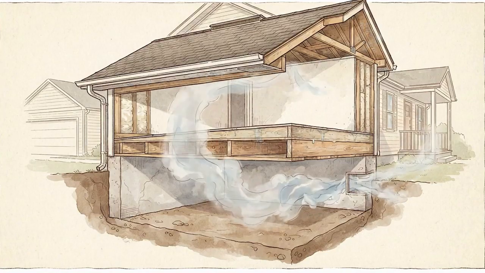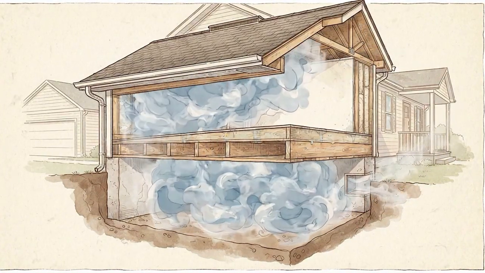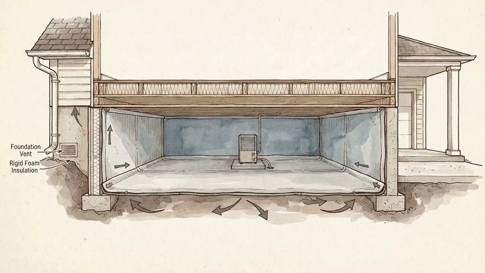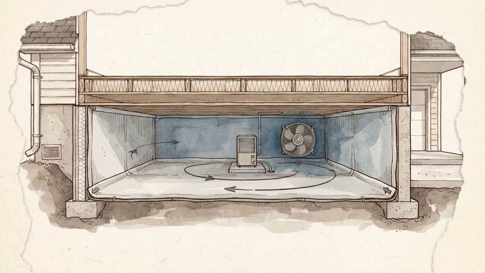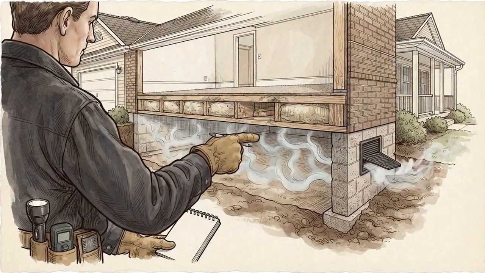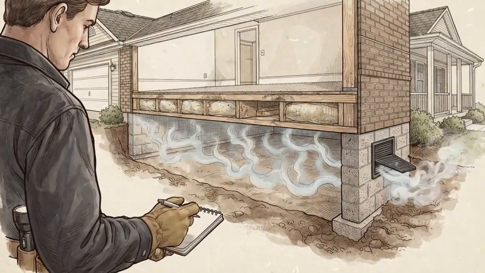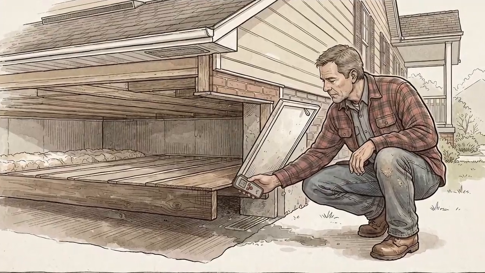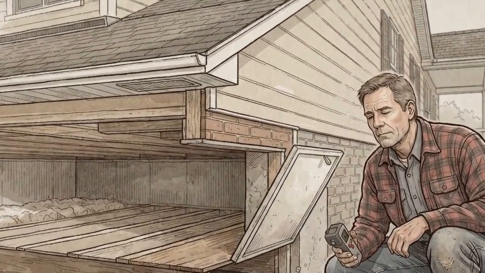The second intervention costs roughly $30 and addresses the soil moisture contribution. A 6 mil polyethylene sheet is available at any home center. Lay it across the exposed soil floor and overlap the seams by at least 12 inches, following IRC Section 408.3 requirements.